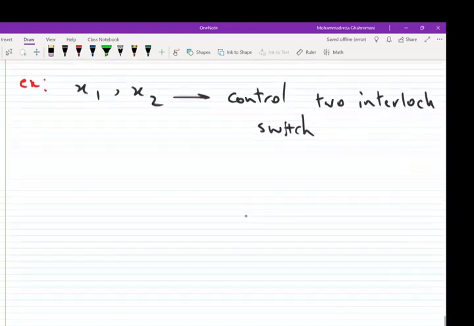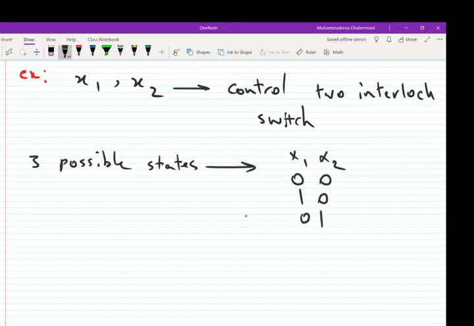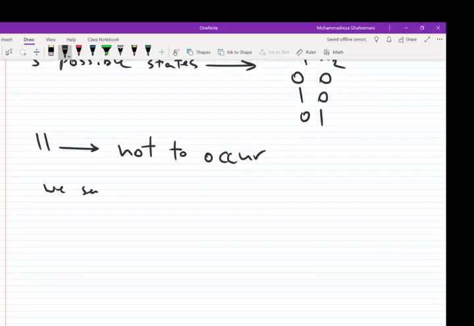So we have three possible states. Those states are x1, x2 equal to 0,0, 1,0, and 0,1. Because both of them cannot close at the same time, we see that 1,1 is guaranteed not to occur. So we say x1, x2 equal to 1,1 is a don't care condition.